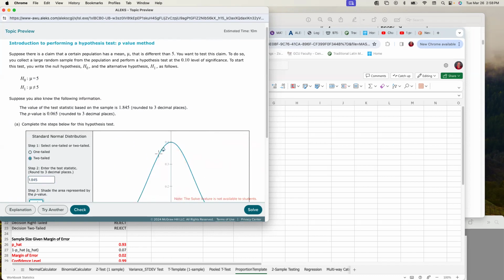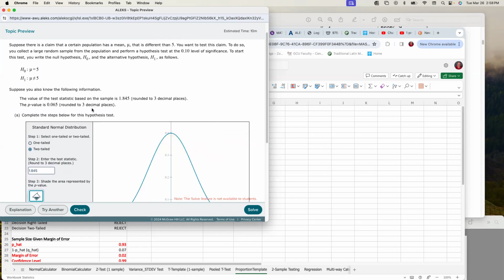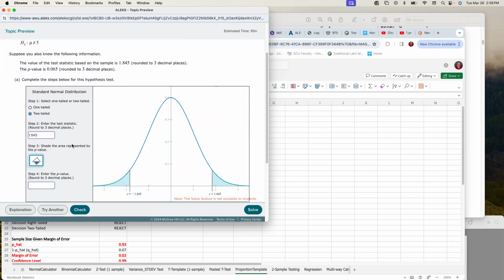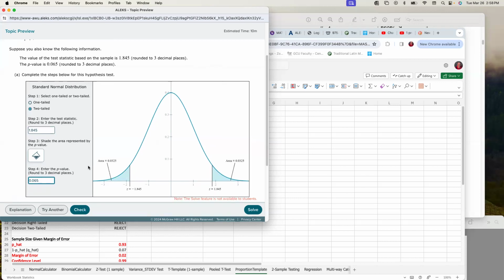They also give you the p-value rounded to 3 decimal places, so we will put that in here as well: 0.065. I often forget that zero there, and it always reminds me to traditionally put it in, although it won't mark you wrong for not doing that.